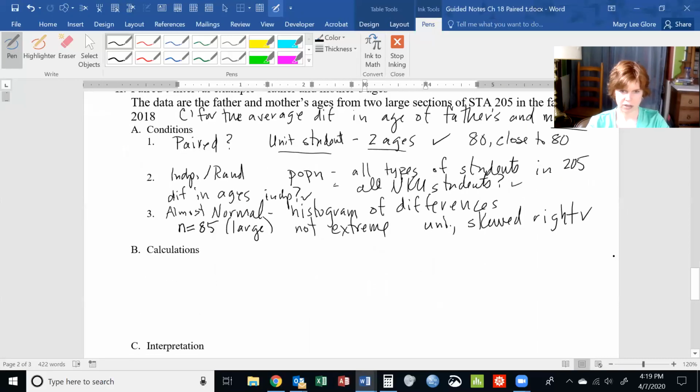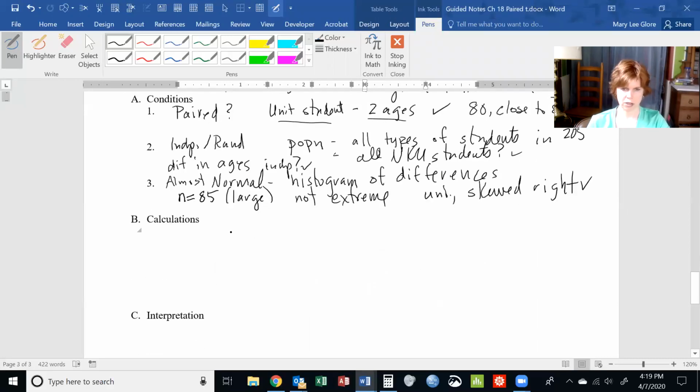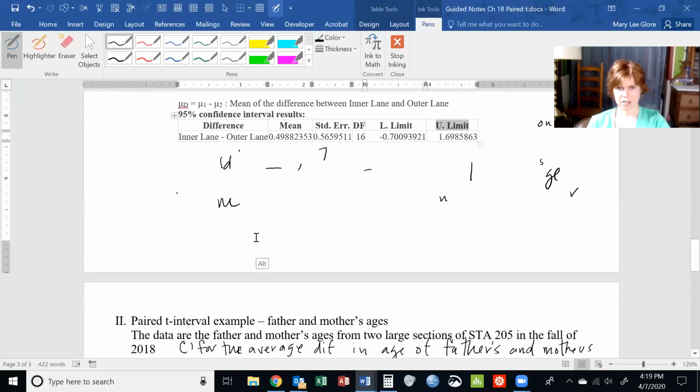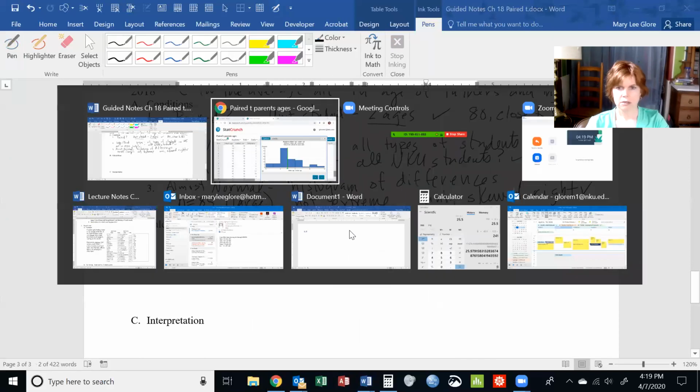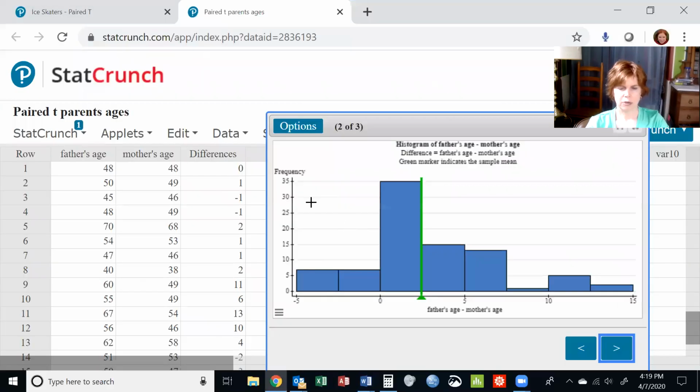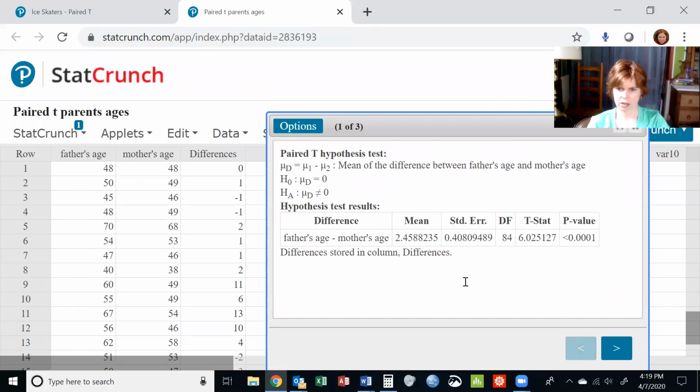Then I can do the test. All right. So for the calculations, again, I'm going to use StatCrunch. I'm going to use Stat, T Stats, Paired. Okay. Oh, we already did it. So we did Stat, T Stats, Paired, and then I picked my columns. And so here's my output. Okay, let me just bring this down.